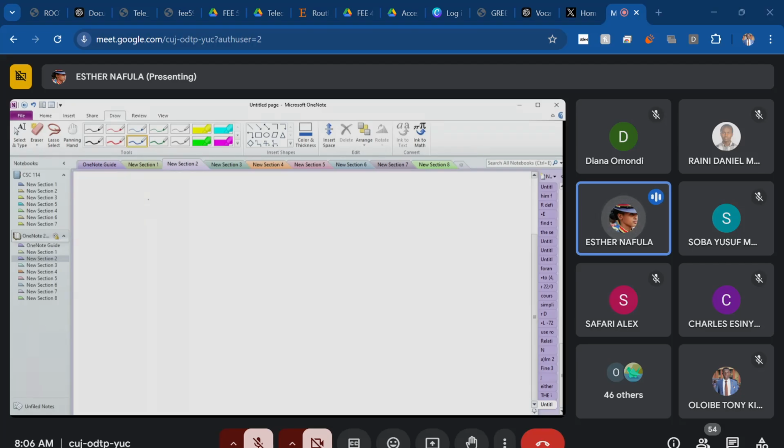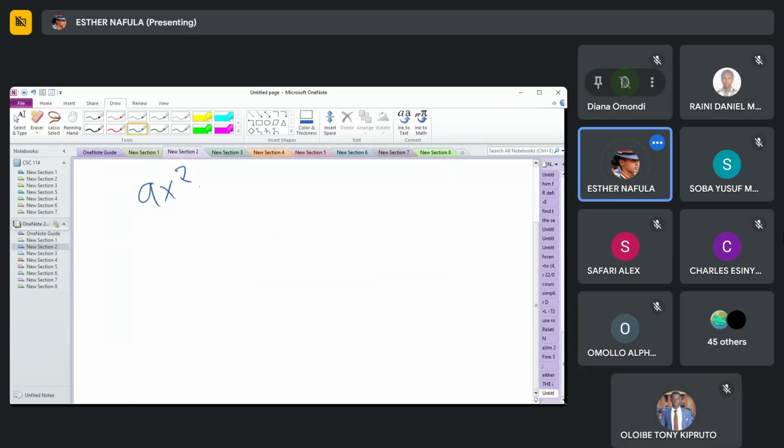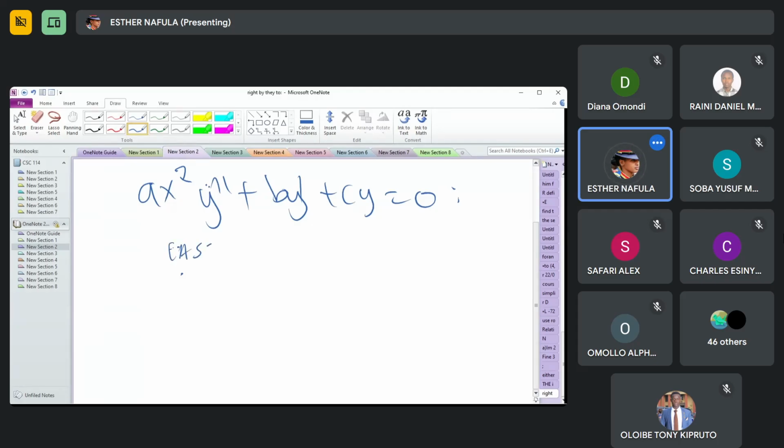So in summary, when you have a Cauchy-Euler equation of second order, ax squared y double prime plus by prime plus cy equals 0, for the three cases, for case 1, when you have real distinct roots, then the general solution is c1 x to the m1 plus c2 x to the m2.